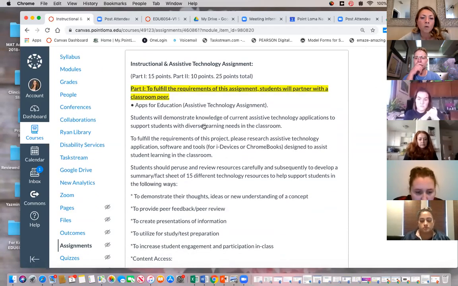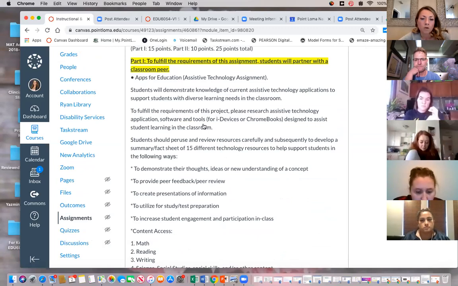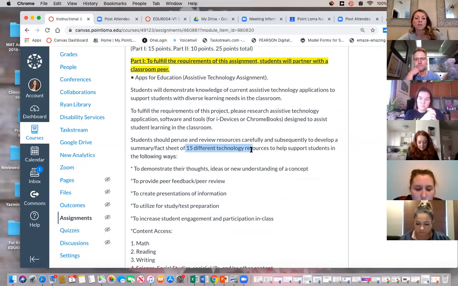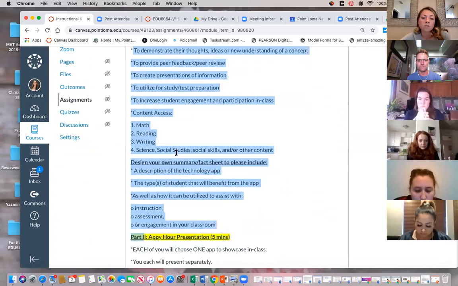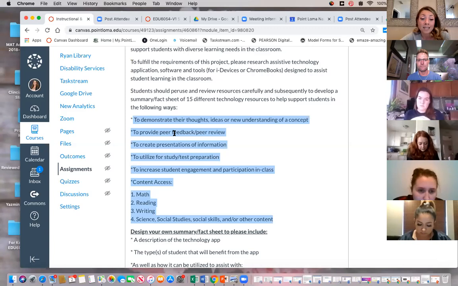Part 1 is basically you working with your partner, finding 15 different technology resources or applications that you can use to teach content, and these are the areas in which you can find applications or technology resources to teach. So there would be anything that can help students demonstrate their thoughts or ideas or new understanding of a concept. It could be an application that helps them with peer feedback or peer review.